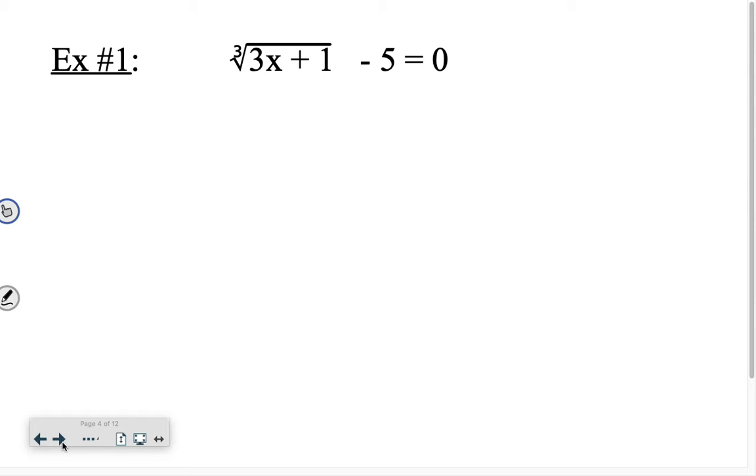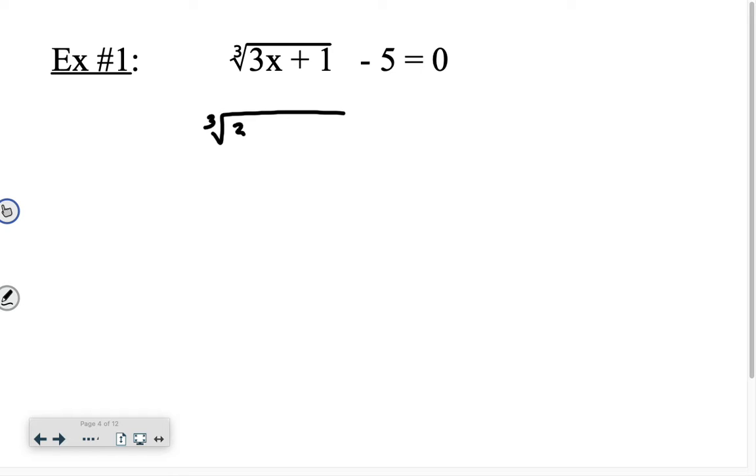Based on what we just said on the other slide, what do you think the first step is? What would you do first to solve this? Add 5. Yeah, we've got to get the radical by itself. Therefore, anything outside of the radical, we have to move to the other side. So we're going to add 5 first.